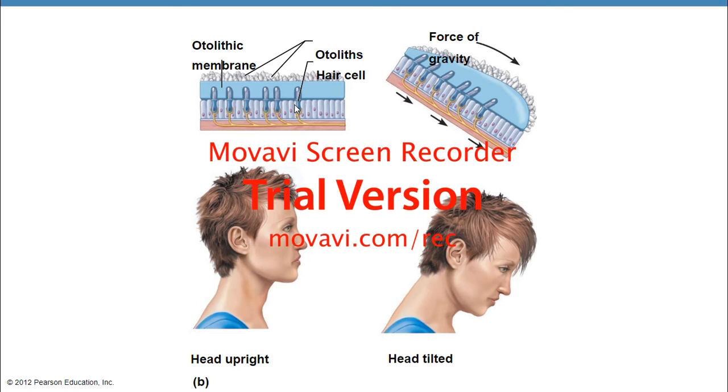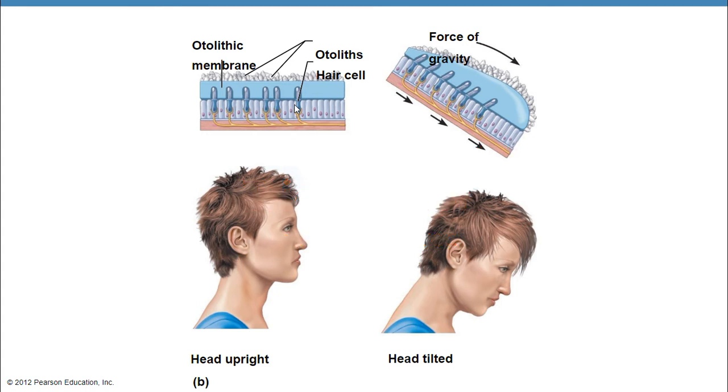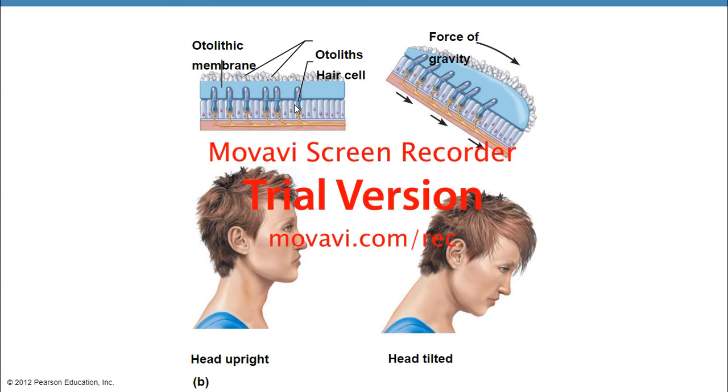These hair cells are going to respond to gravitational pull. That's going to provide information on which way is up or down, as well as changes in linear speed. So you see right here, these are the hair cells.